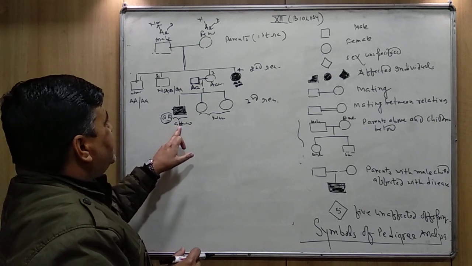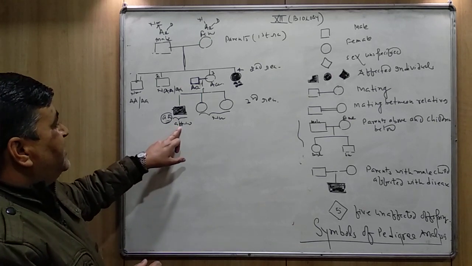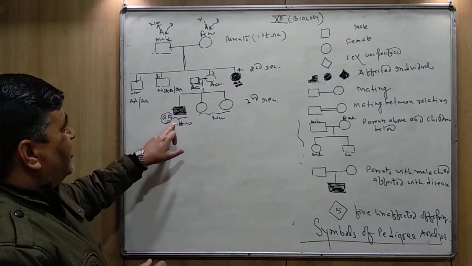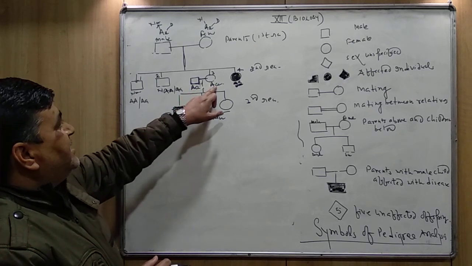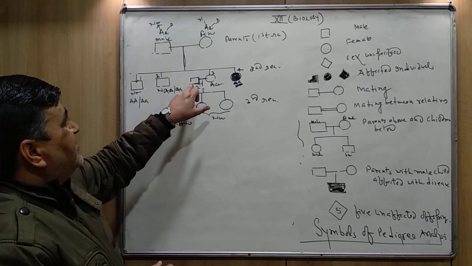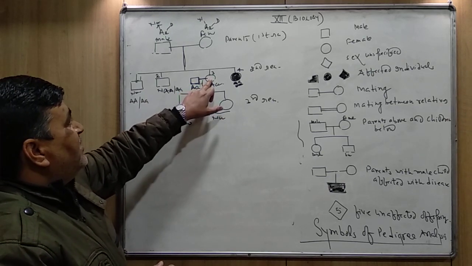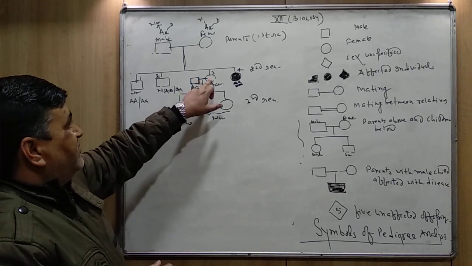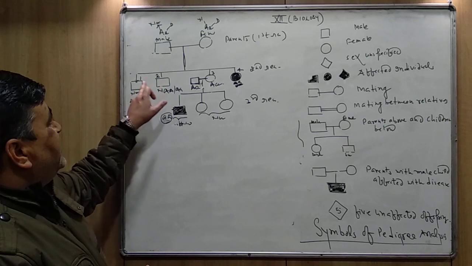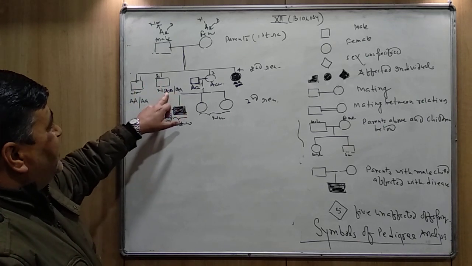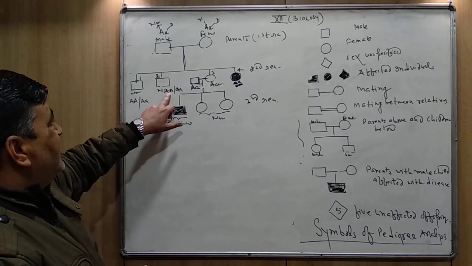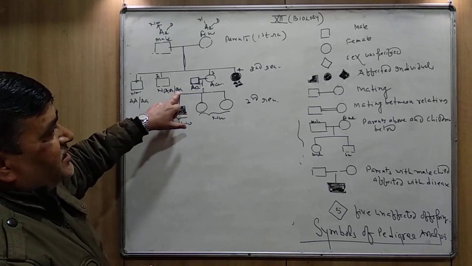Here also in the third generation, if the affected child is there, on this basis I have written the genotype of this male and female, the parents. Here also, because they are unaffected, the condition may be that both alleles are dominant or they are in the heterozygous form.